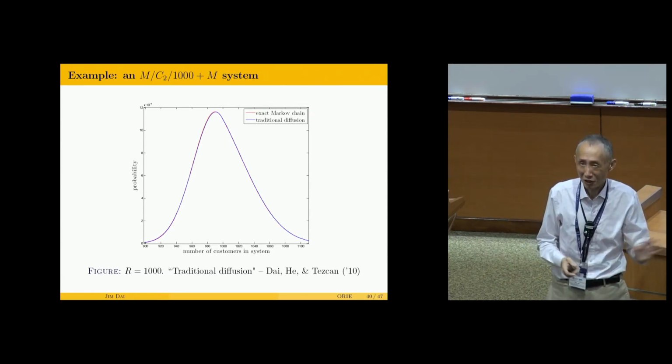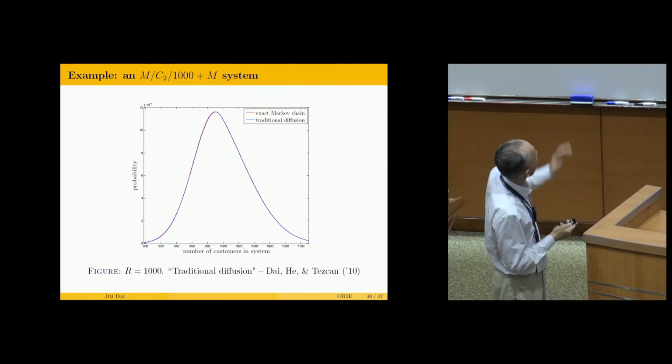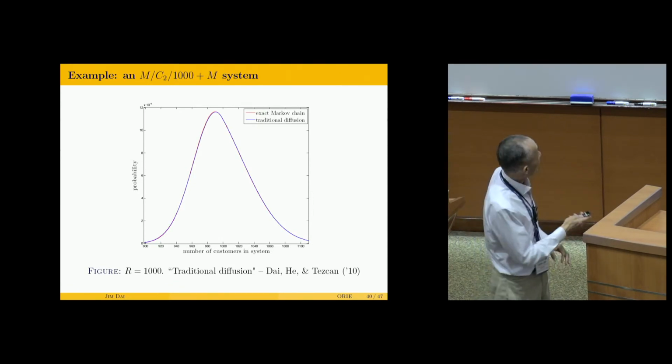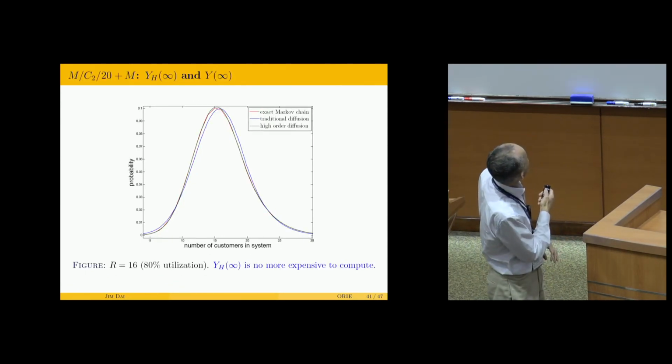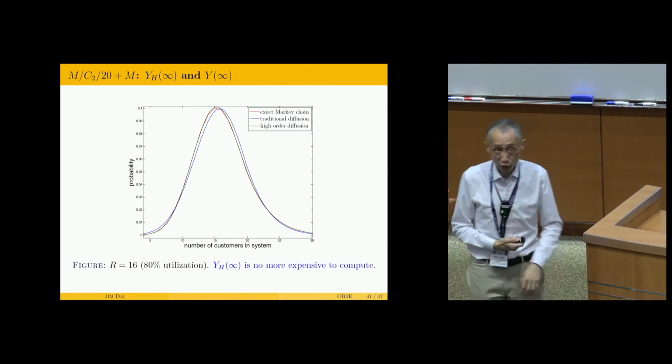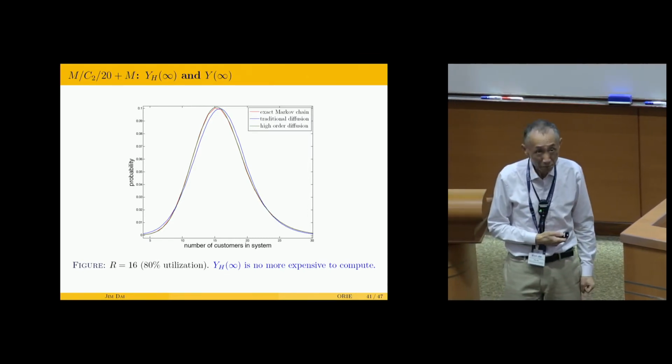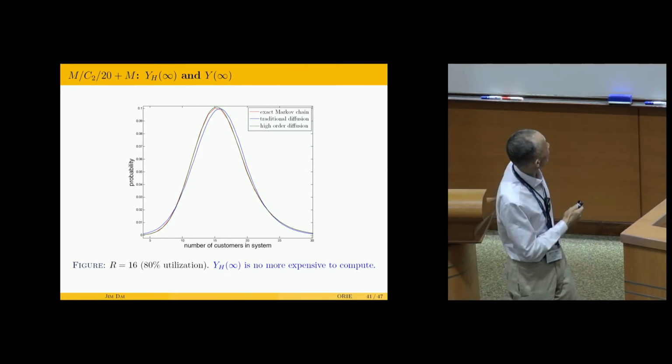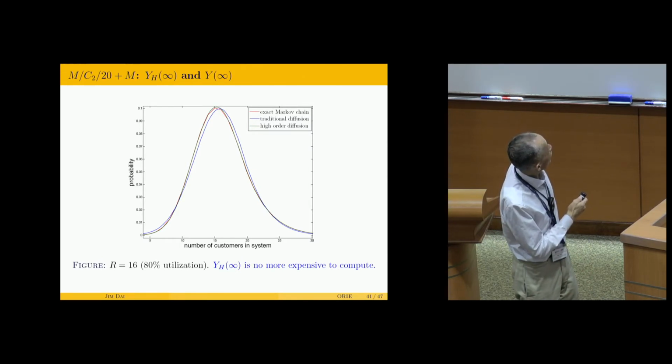So I didn't even bother to plot the other one. Is that clear? Now, here with 20 servers, you see three curves, with a difference. One of them is exact, another is the traditional diffusion. That blue one is off, and the high order one is on.